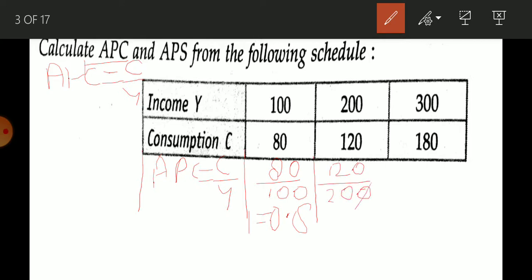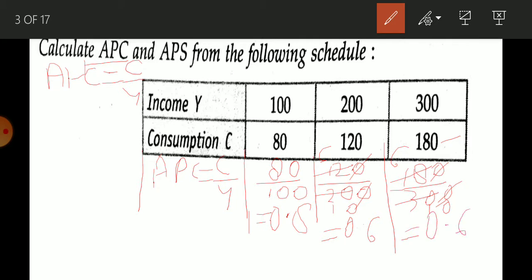So when we divide, 2 sixes 12, 2 tens 20, so we get 0.6. Now next consumption is 180, so 180 upon 300. Zeros cancel, 3 sixes 18 and 3 tens 30, so again when we divide, we get 0.6. So in this way we are able to calculate APC.